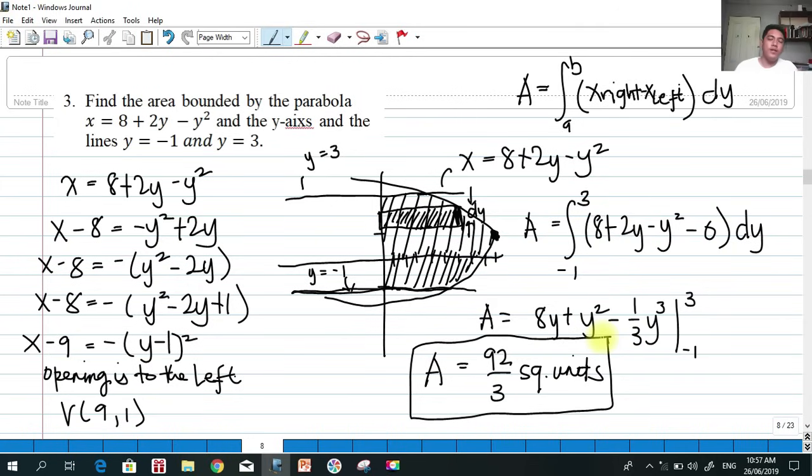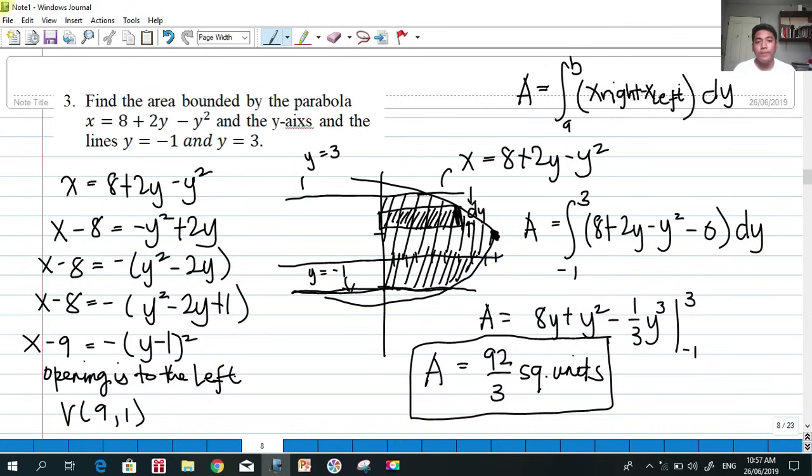Now, the important thing here is you know how to graph the given curve. Then we identify what strip we are going to use, and of course, we have to identify the limits. After identifying the limits, you perform the integration. So that is equivalent to 92 over 3 square units.